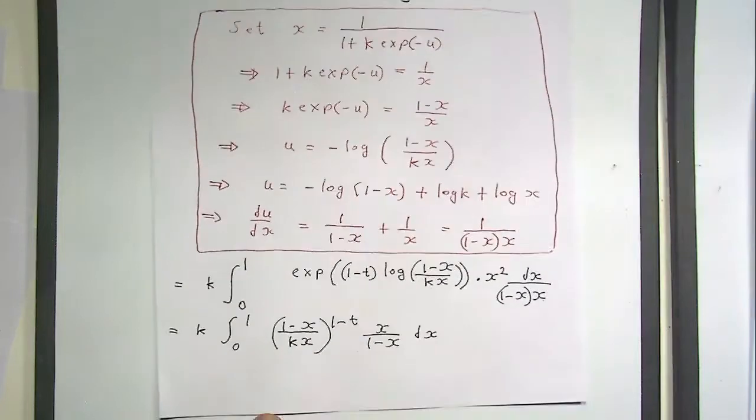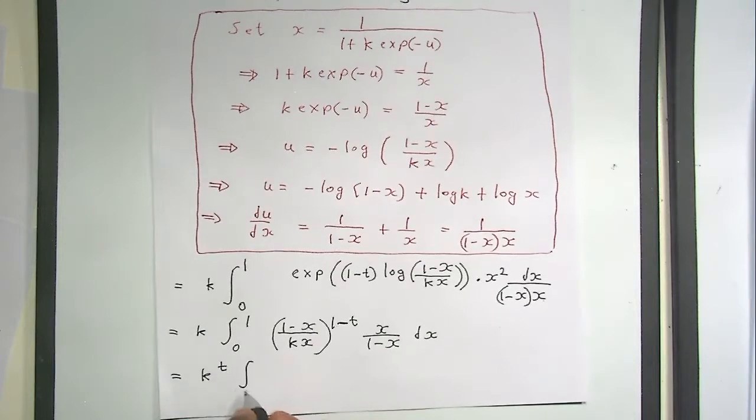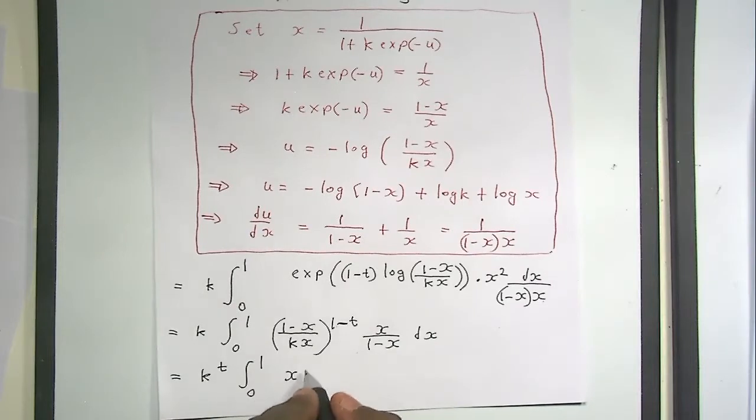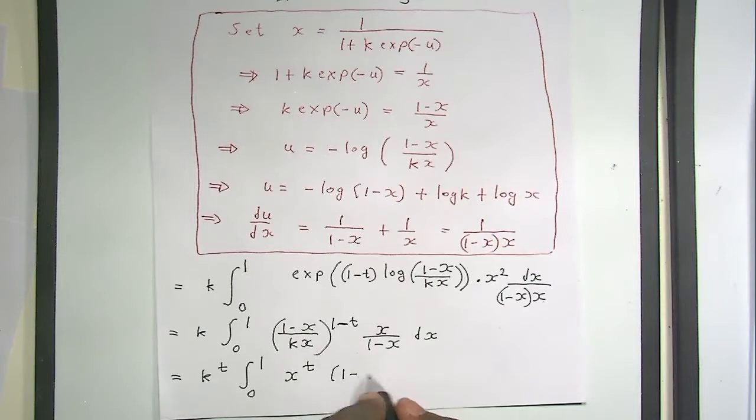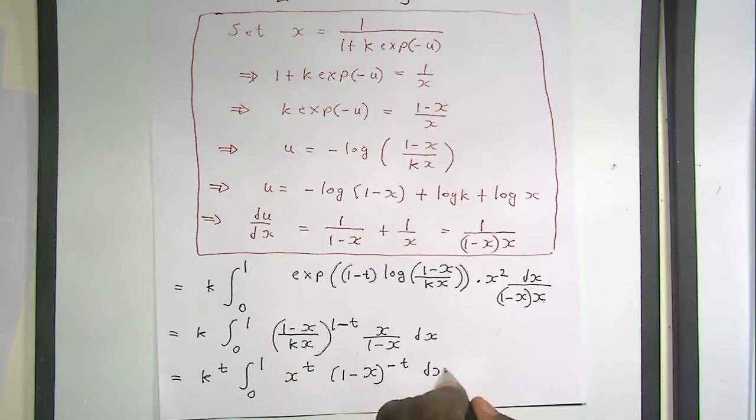This is what you get, and finally, I know it's a little complicated, this becomes the integral from 0 to 1 of x to the power t and 1 minus x to the power minus t dx.